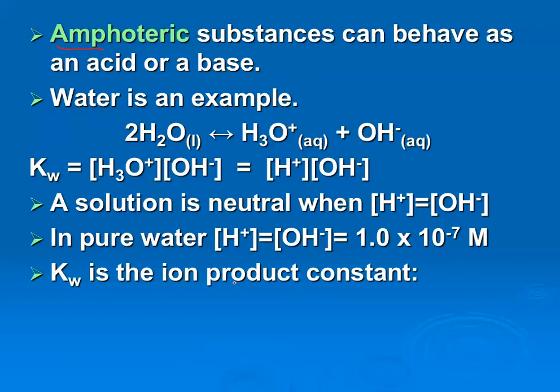Noah, you were asking about this the other day. So the ion product constant is this Kw. You would also call it the equilibrium constant for water. Here's our equilibrium expression for the self-ionization of water: H3O plus times OH minus. Notice there's no denominator because water is a liquid, right?